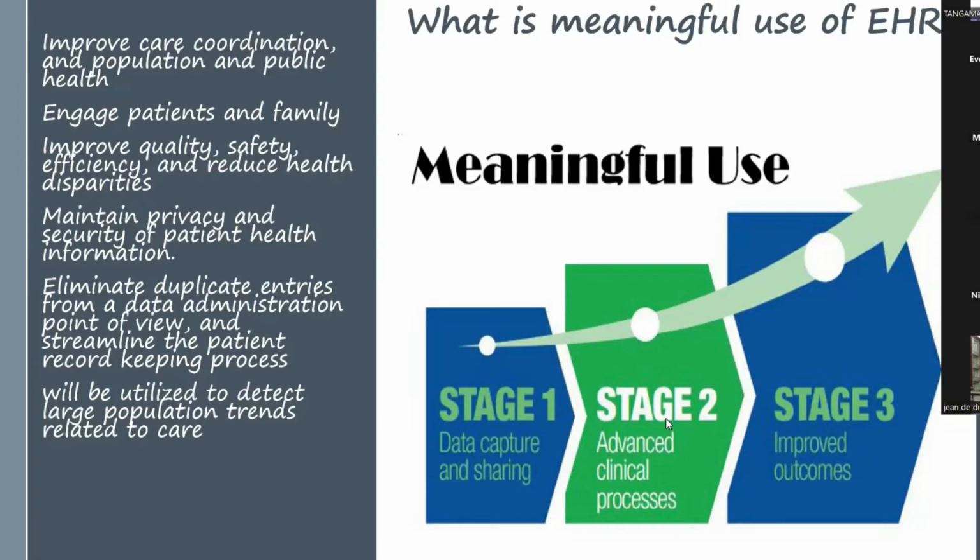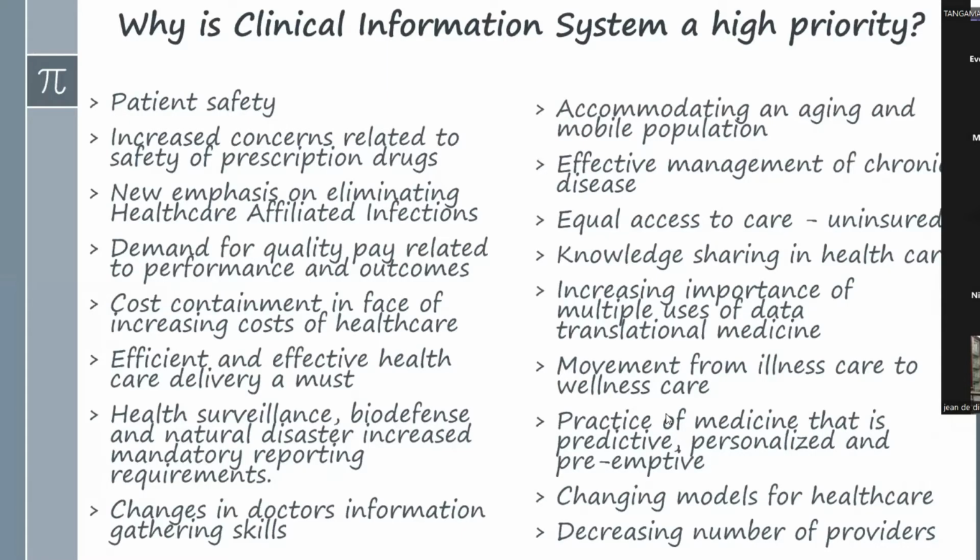So these slides are a bit congested, but here there are some reasons that clinical information system is a high priority. We are focusing on patient safety and increased concerns related to safety and prescription of drugs.